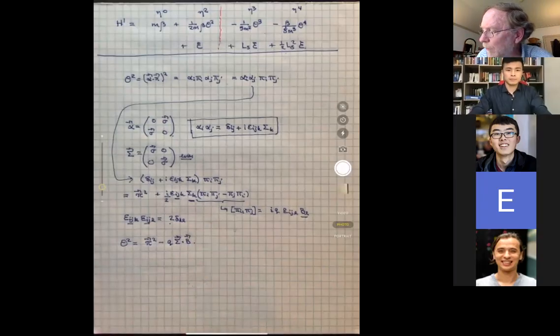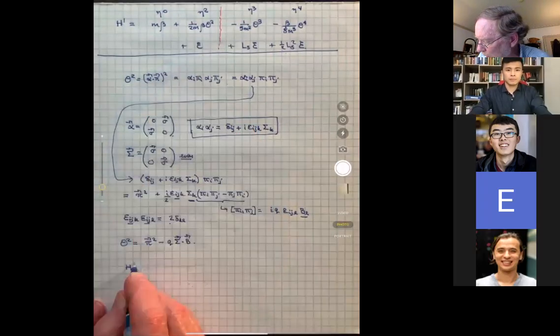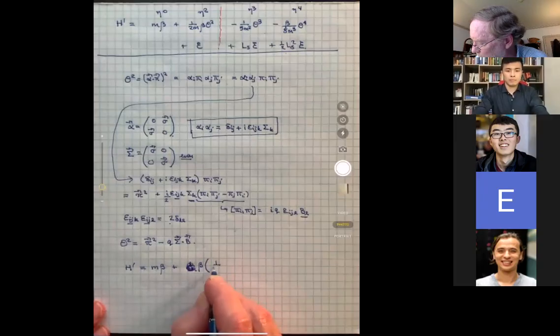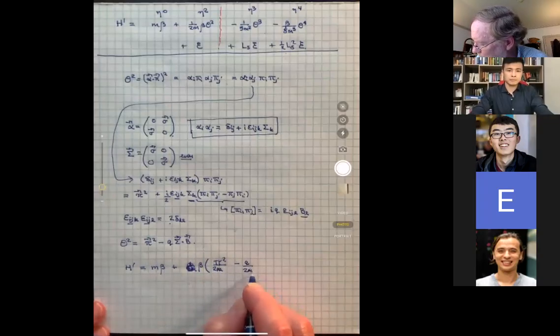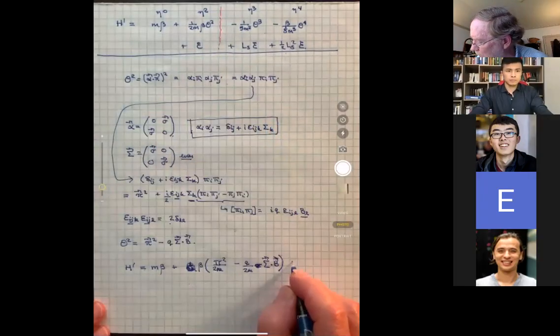And if I now go back to the Hamiltonian that we've got up here, this means the Hamiltonian through second order, what we call H prime, is equal to m beta plus beta times 1 over 2m pi squared minus q over 2m times capital sigma dotted into the magnetic field. And then finally we have the q phi, which is the E up here, which hasn't changed.